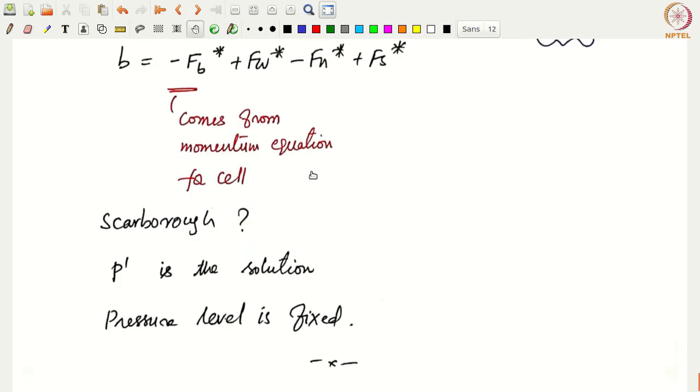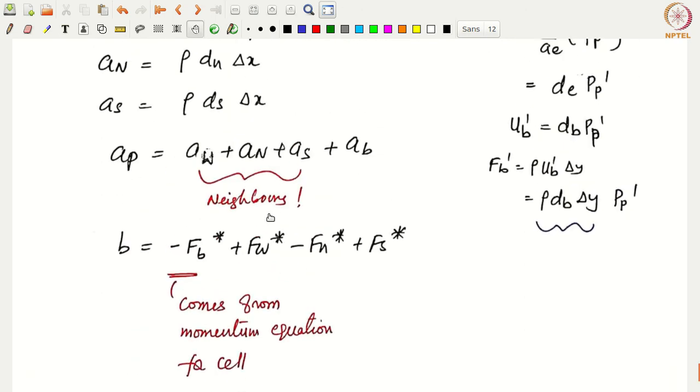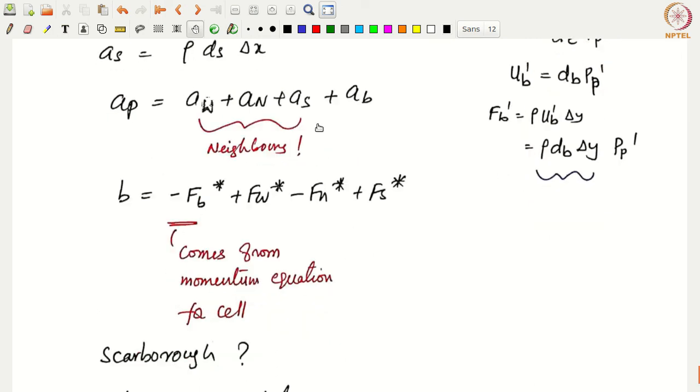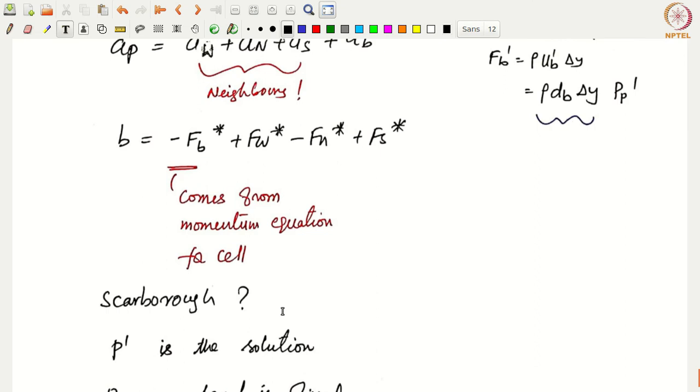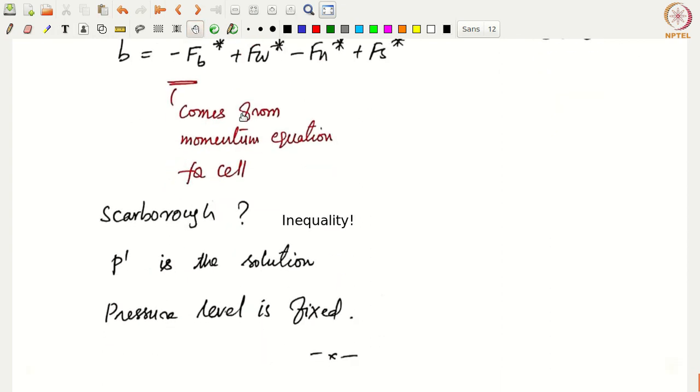So what about the Scarborough criterion for this problem if you have a pressure boundary condition? Is it satisfied? Yes, it is satisfied, in inequality, because AP is now greater than the sum of its neighbors by AB. That is good news, because then our iterative solvers will have no problem. And what about convergence?